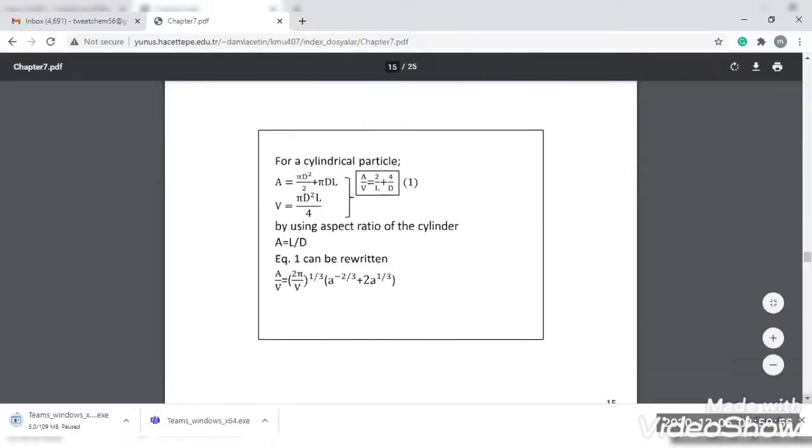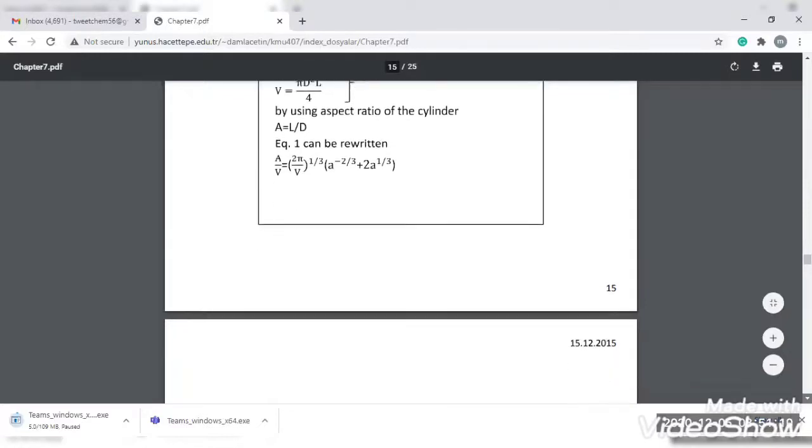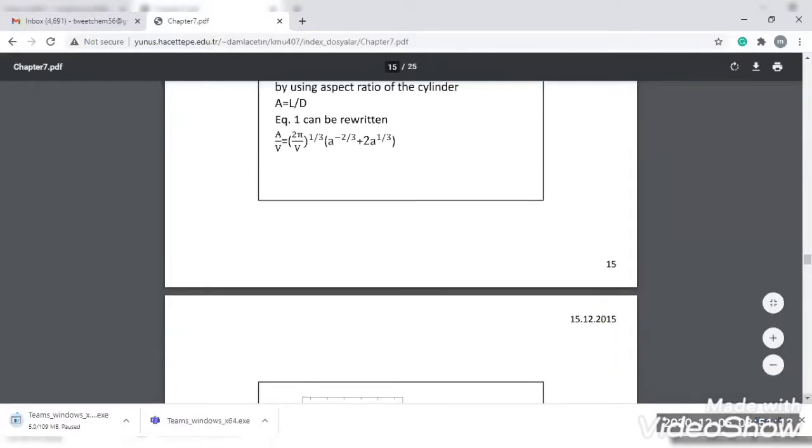And for acrylic, you can see here this is the equation for the aspect ratio of the cylinder. Here the ratio for cylindrical particles is given as A equal to L divided by D, and the equation has the A and B in the circular form 2 pi divided by B, 1 over 3 A minus 2 by 3 plus 2 A 1 by 3.